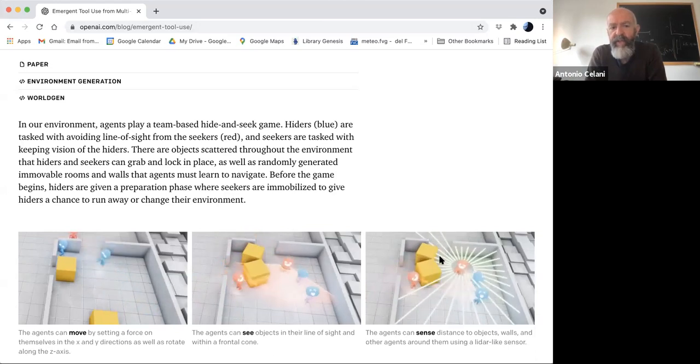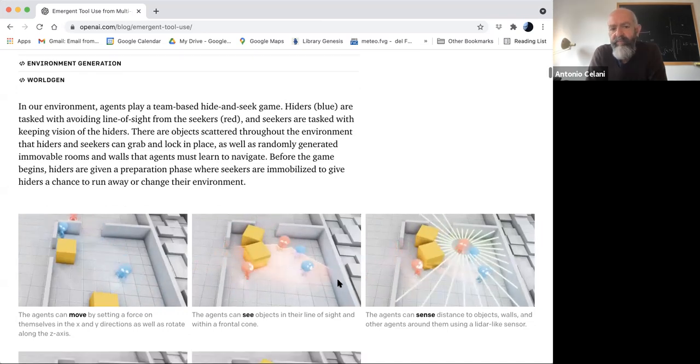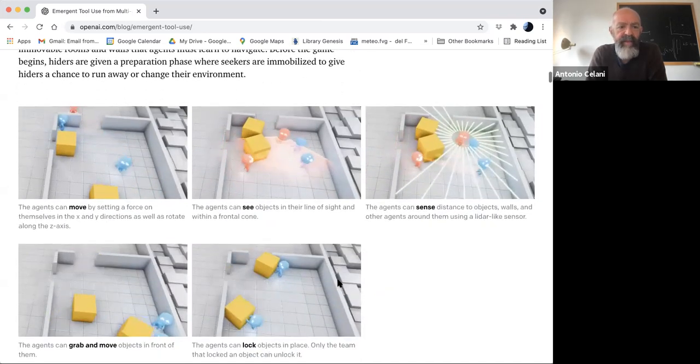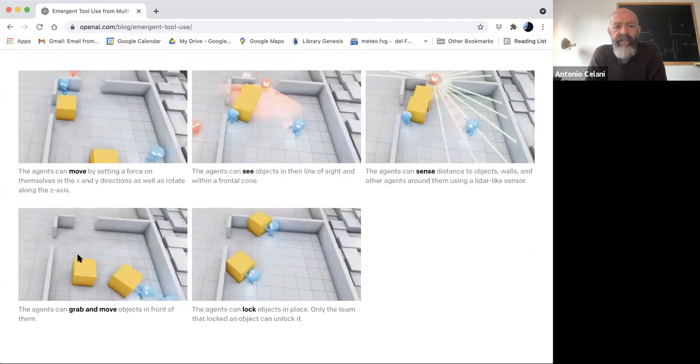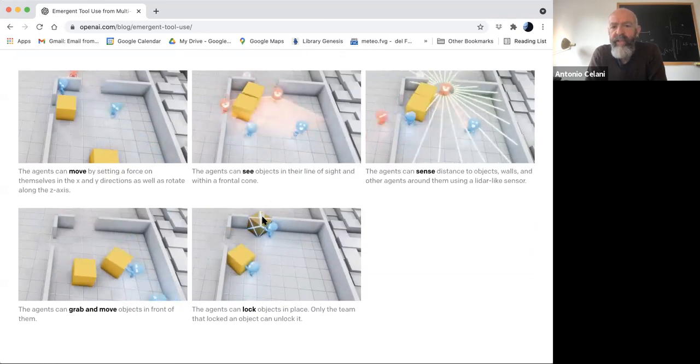So they have another piece of information: not only what they view, but they also feel objects that are in their way. Pretty reasonable stuff. They can grab objects and move them around, and then they can also lock them. So you see they can put a lock, and this cannot be moved any longer.